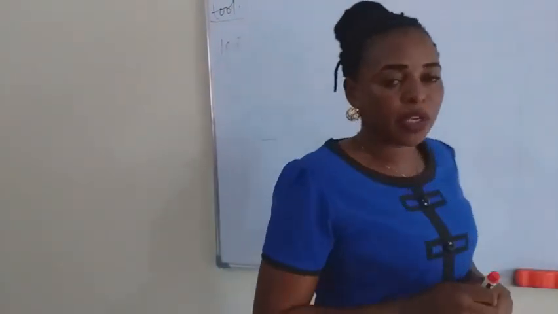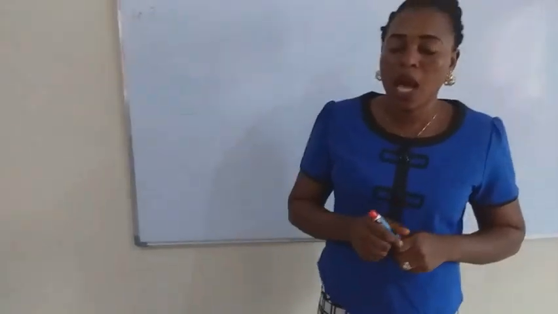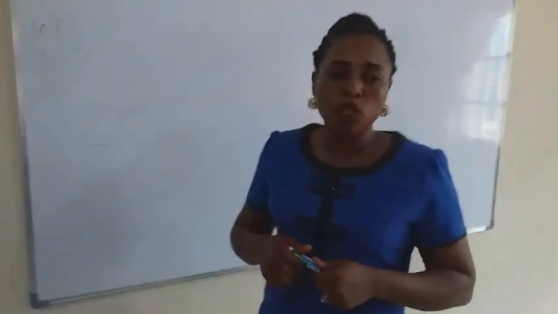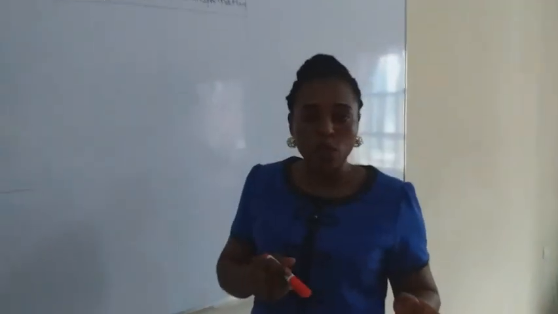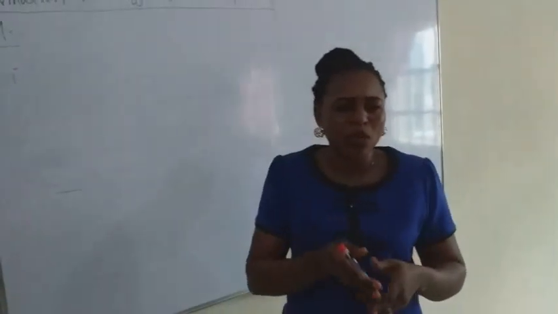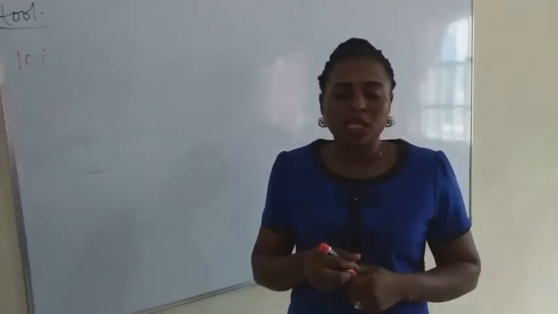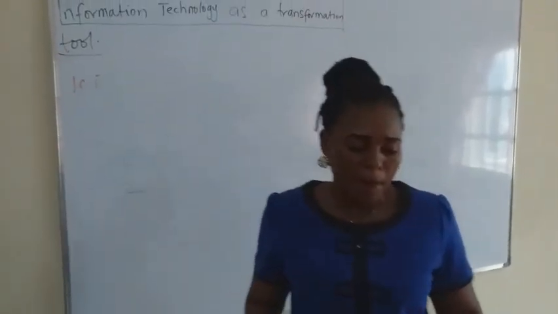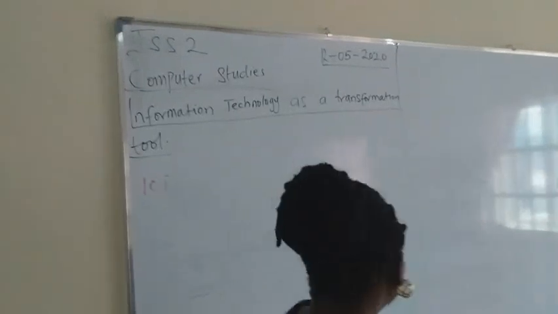Having established that, we'll look at information gadgets. Remember, in the definition we said computer and other communication gadgets. So let's look at these gadgets that are used to pass and manage information effectively.